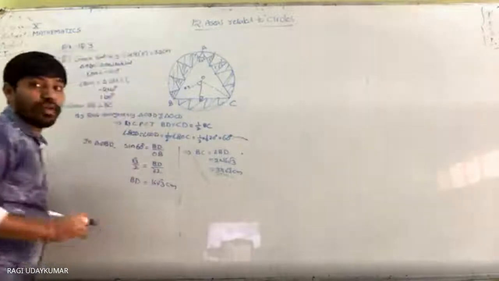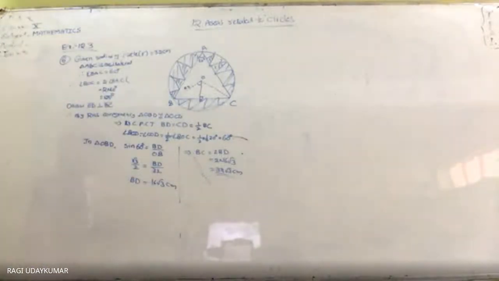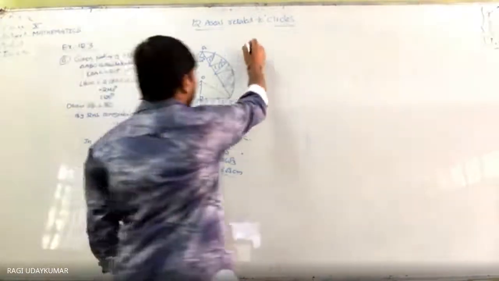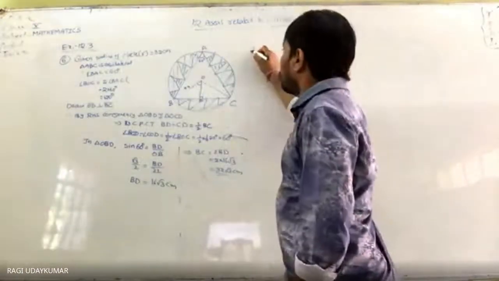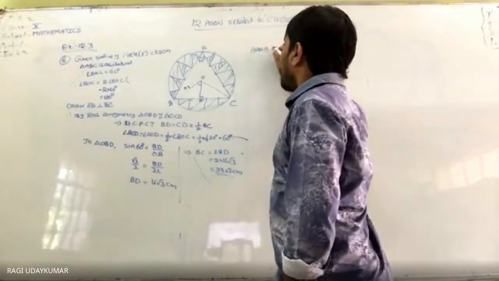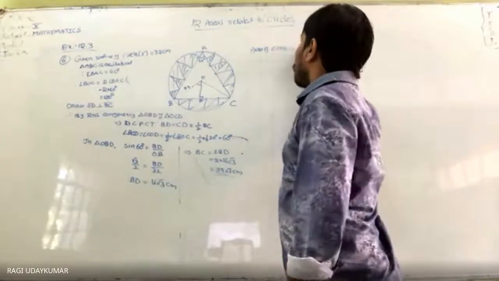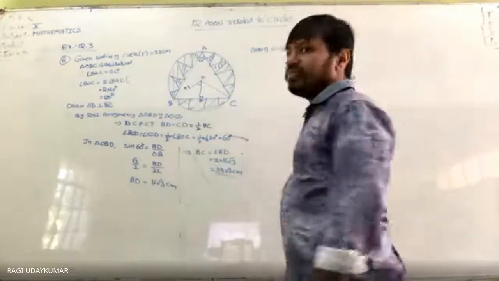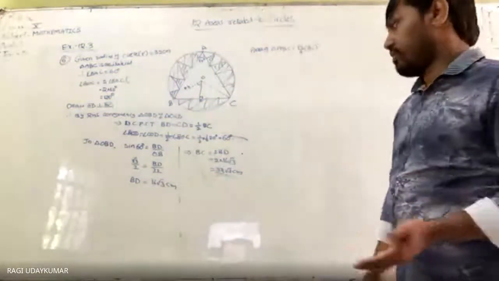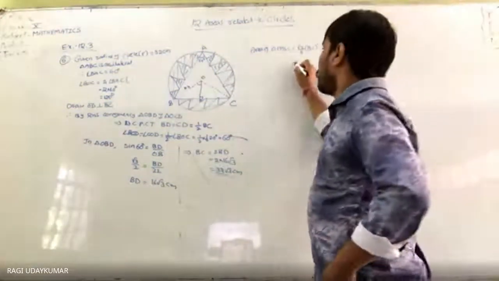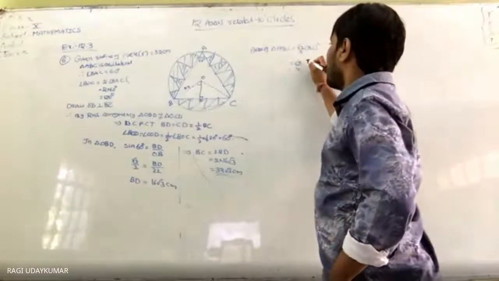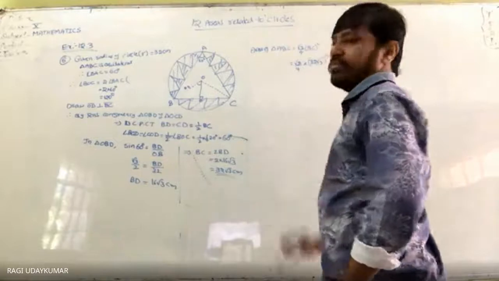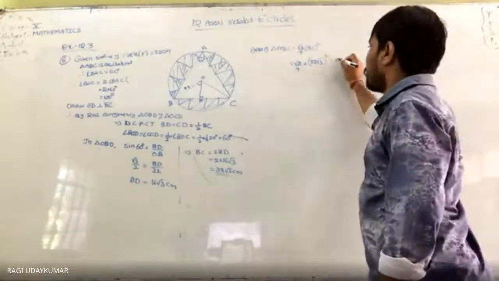Therefore, finding the side is the only difficult part in this problem. Now you can find the area of the triangle. Area of triangle ABC is equal to √3 by 4 BC square, which is √3 by 4 times (32 √3) whole square centimeter square.